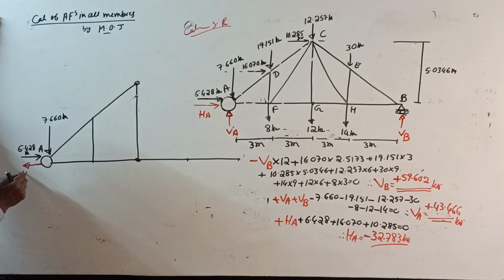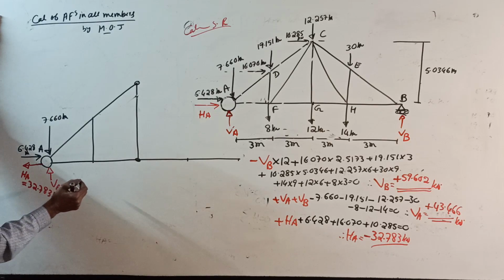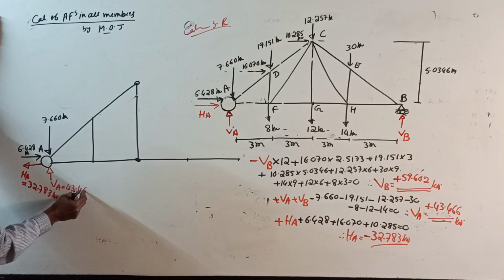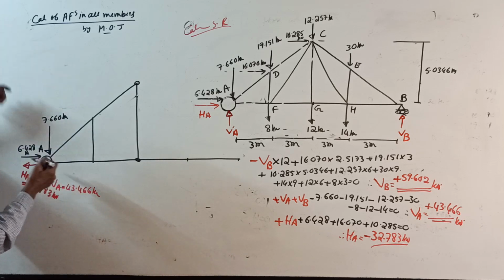See, your HA equal to negative, left, 32.783. Last time 782 came, that 0.001, no problem. And vertical reaction we got VA, how much? 43.466 kilonewton. Okay, camera if required, change.